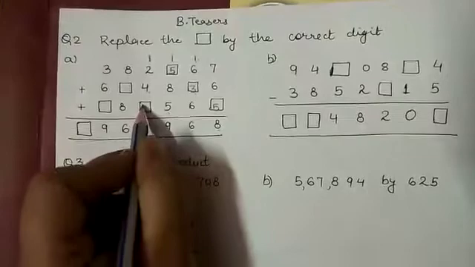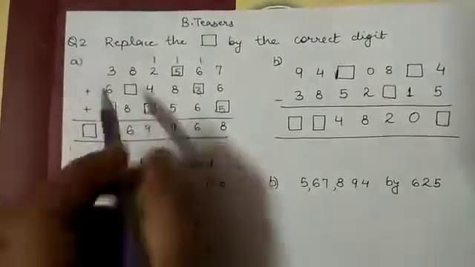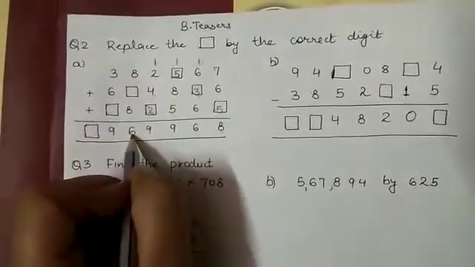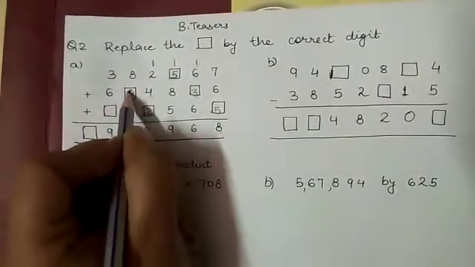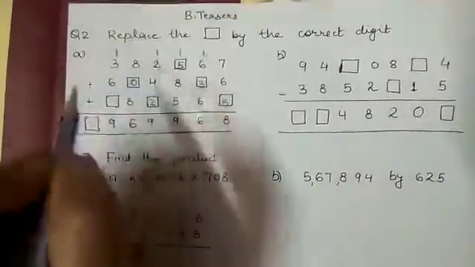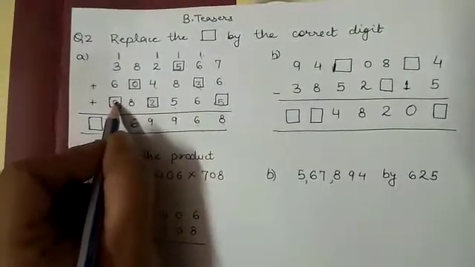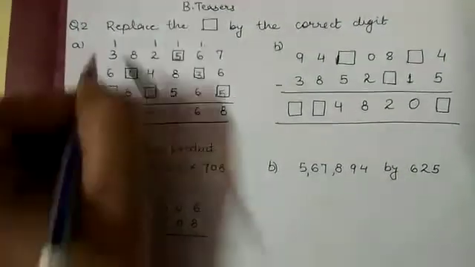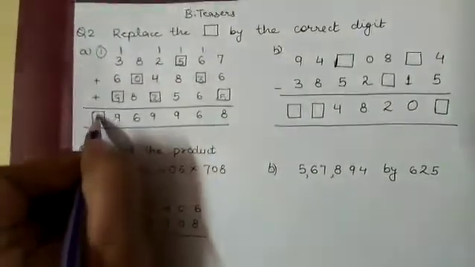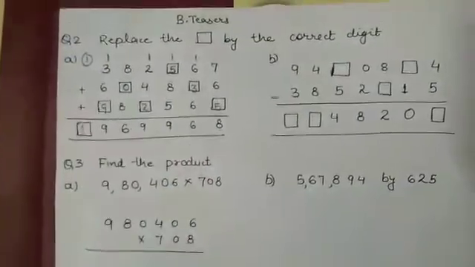What should be here? 7 and 2, 9. 8 and 8, 16. It means it must be 0. 1 left. 4. 4 and 6, 10. Now here should be 9 to make it 19. And here became 1. It will be here.